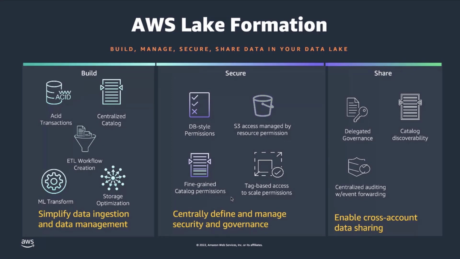Once the data is in the data lake, you can centrally define and manage all your security and governance, which typically operates at more of a DB-style permission, which means that if you want to grant access to certain accounts, certain organizations, certain principals, you could do so seamlessly within Lake Formation with, let's say, select, grant, and describe kinds of permissions on the data catalog that's actually operated on the S3 location.